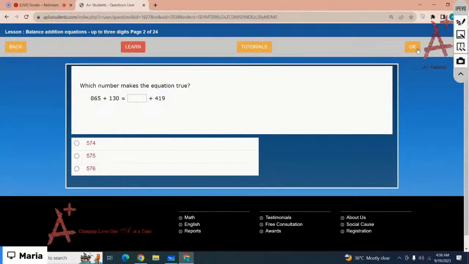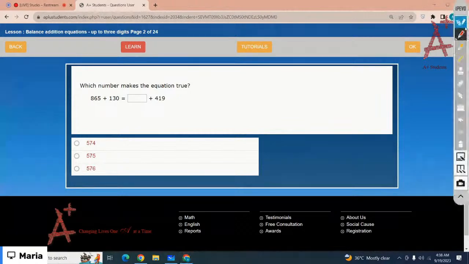Yes, if you add, it would be 5 plus 0 is 5. 6 plus 3 is 9, 995. You have to find the missing number that when added to 419 makes 995. So you have to subtract 419 out of 995, right?